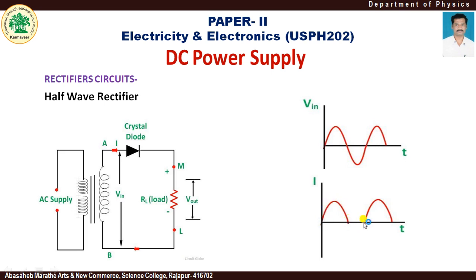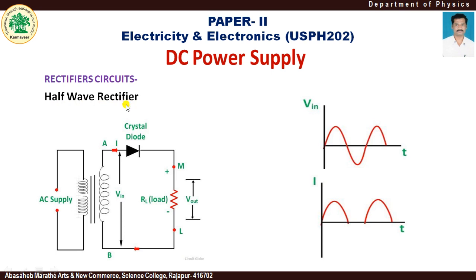Here there is no variation or peak either at the positive side or at the negative side. So in one cycle of input voltage, at output we are getting only one half cycle. So this is nothing but the half wave rectifier.